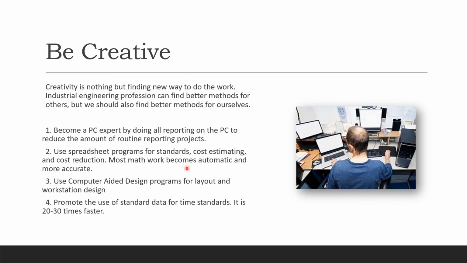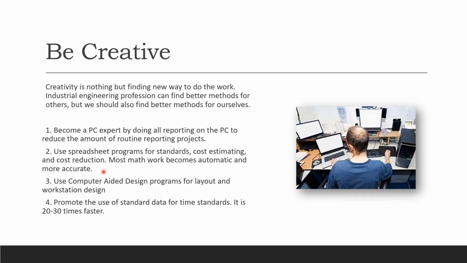Okay, so the first technique is be creative. Creativity in industry is nothing but finding new ways to do the work. Industrial engineering profession can find better methods for others, but we should also find better methods for ourselves. Become a PC expert by doing all reporting on the PC to reduce the amount of routine reporting projects.